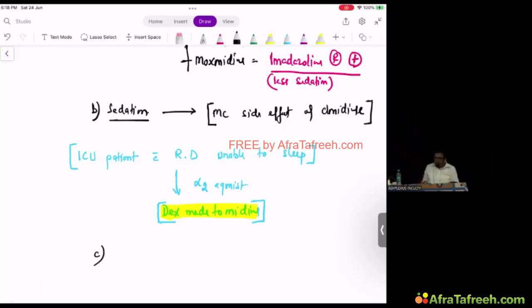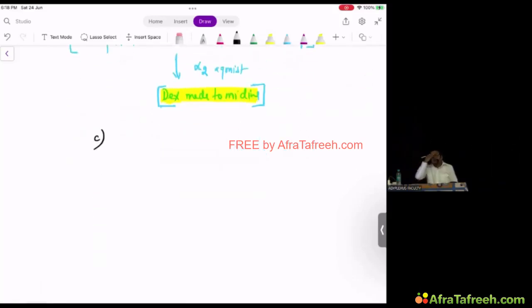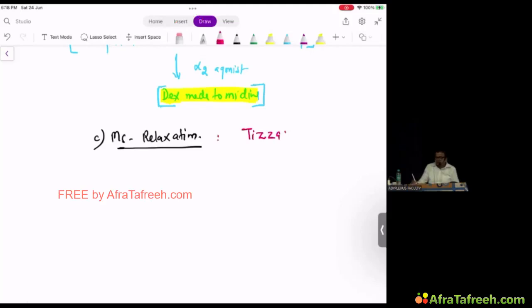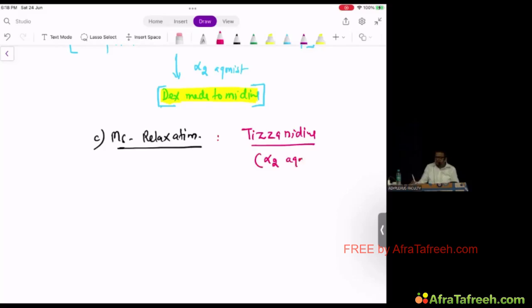Third, when NA decreases in your CNS, you have muscle relaxation. Muscles also relax when NA reduces in your CNS. So we have developed a drug by the name tizanidine. Tizanidine is an alpha 2 agonist which is used as a muscle relaxant.